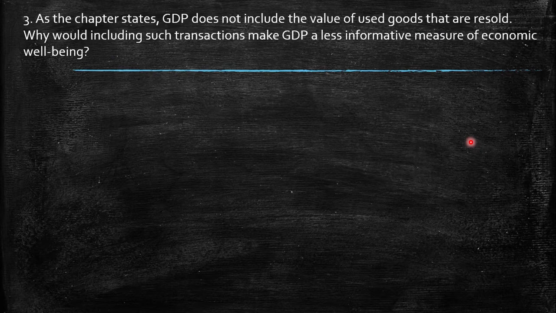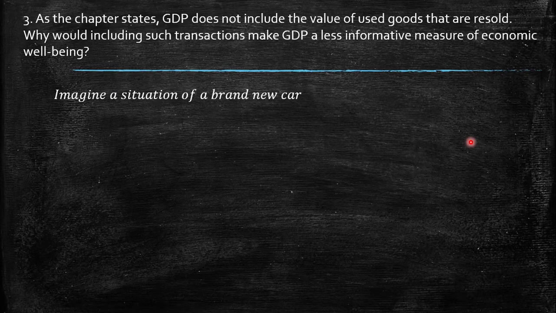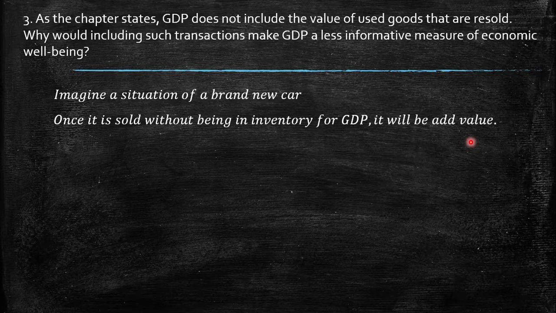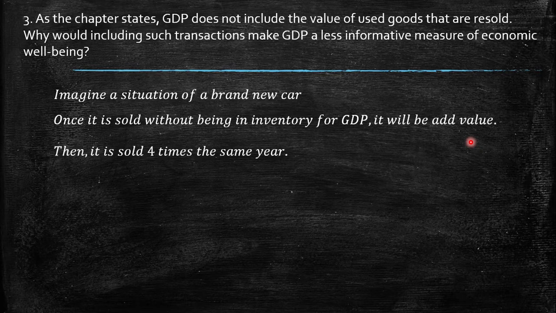3. As the chapter states, GDP does not include the value of used goods that are resold. Why would including such a transaction make GDP a less informative measure of economic well-being? Just imagine a brand new car. Once it is sold, without being in inventory, for GDP it will be counted at its value once, because the consumption is done.